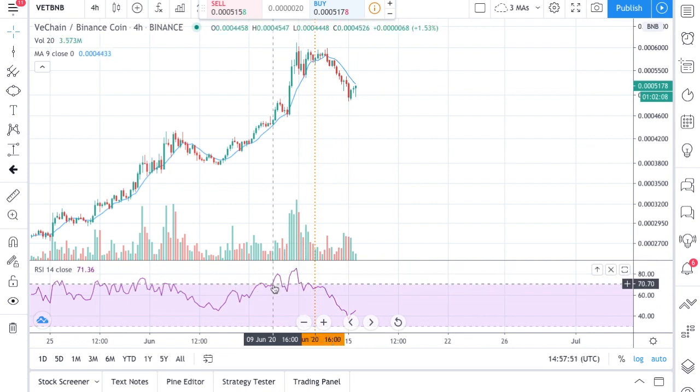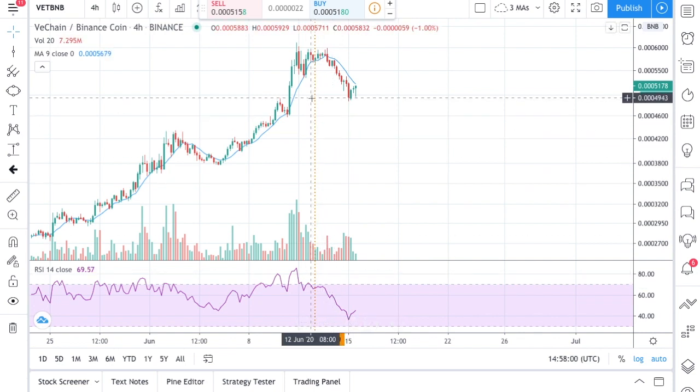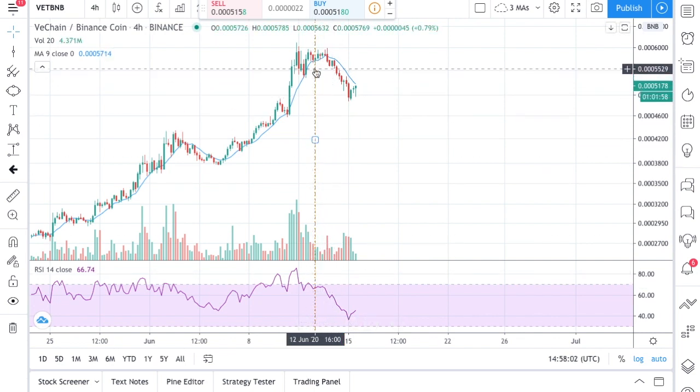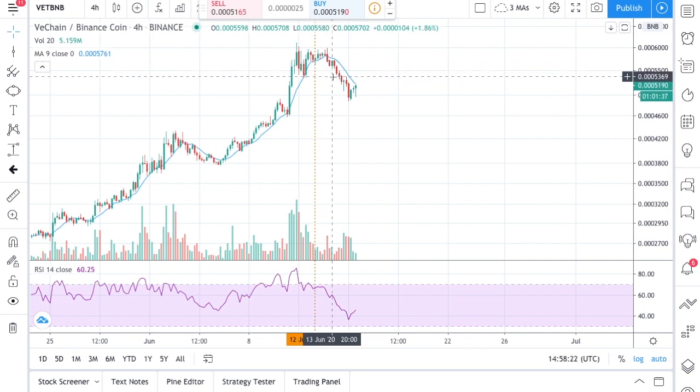Here we have an RSI with a high value, which means that there is still strong momentum for the price, and that means that at this point I have more chances to get a trade in profit if I buy. So these are the cases that I prefer to catch for my strategy.